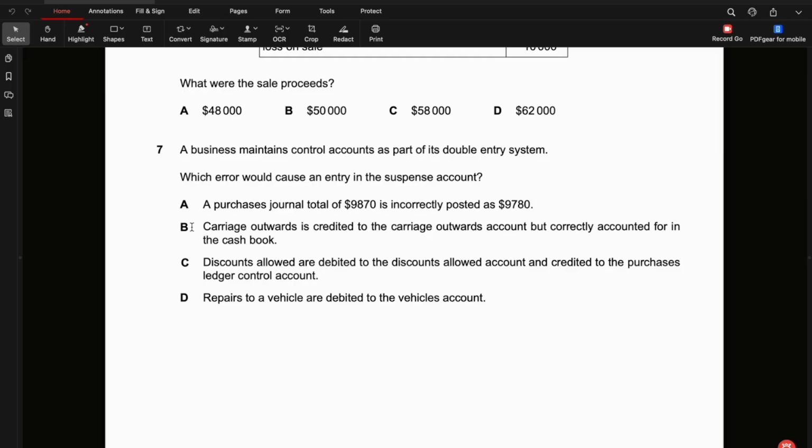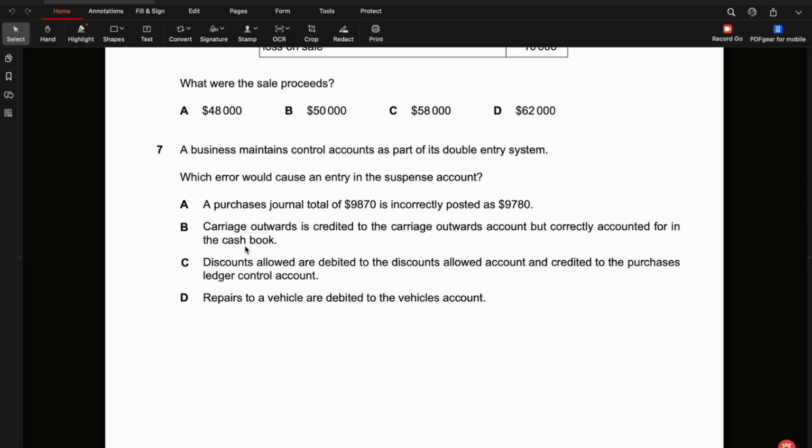Number B. Carriage outward is credited to carriage outward account but correctly accounted for in the cash book. Okay, so when we pay carriage outward, it is an expense, so it should be debited, but we wrote it on the credit side. And we paid for this carriage, so we will write it in our cash book.